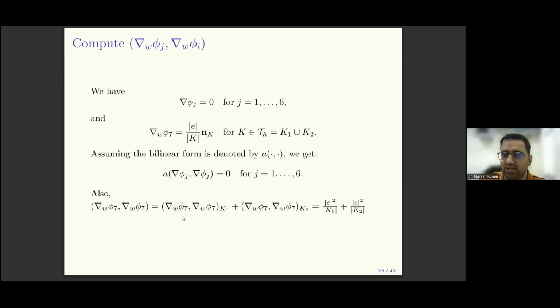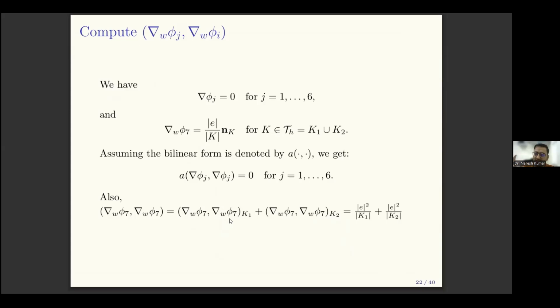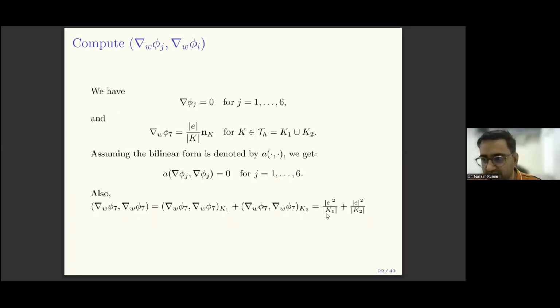So when you multiply both the elements, it's the length squared, |e| squared, divided by |K| squared. But this is a constant number, so you can take it outside. When you take the integration, again you will get an area. So that's why in the denominator we only get |K|, but in the numerator we get |e| squared. So we get |e| squared by |K1| plus |e| squared by |K2|. So this is the computation for the broken gradient. And then this we can implement in MATLAB also. Simply we have a number, so we can store it, and then we can obtain the output.